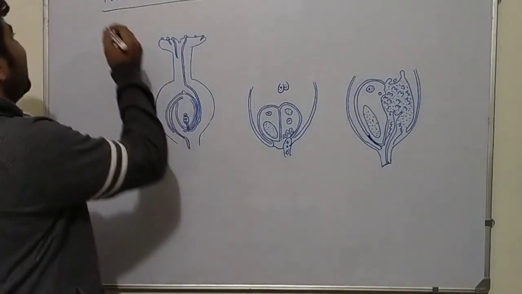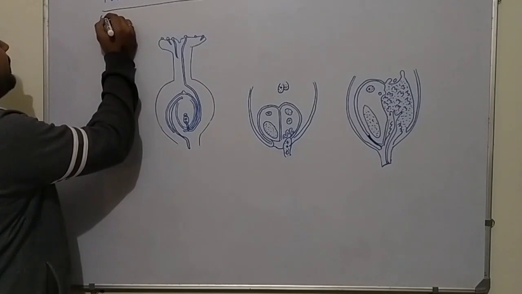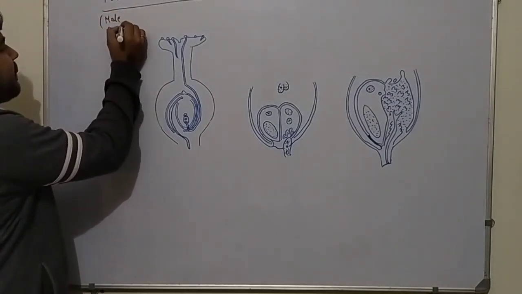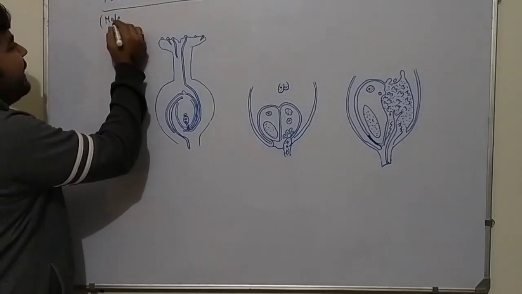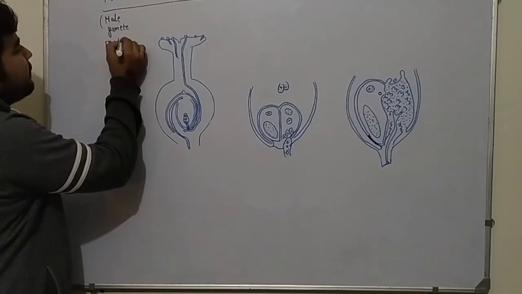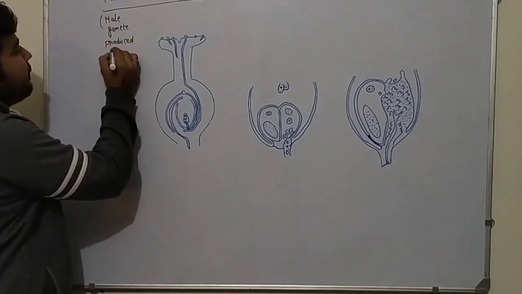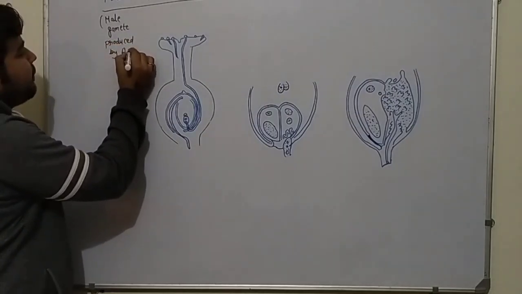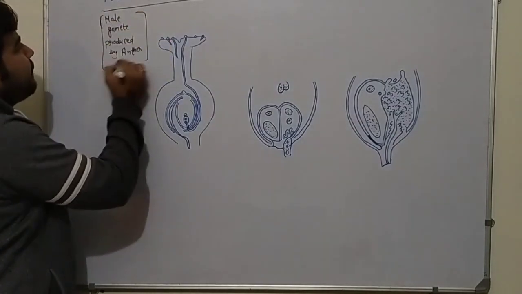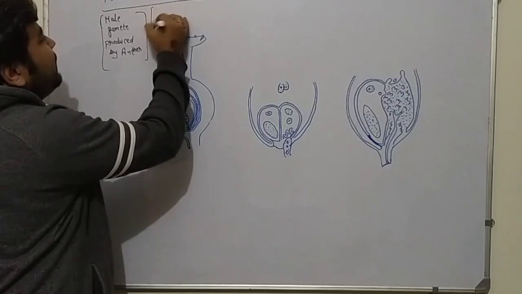As the name suggests, pollen is a male gamete produced by the anther, and the pistil is a female reproductive part.